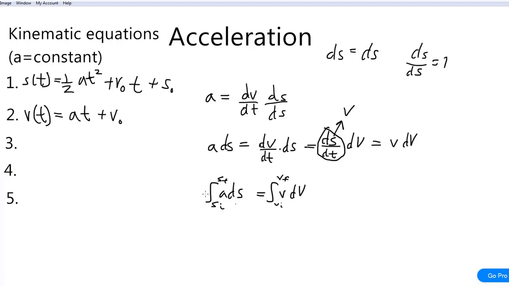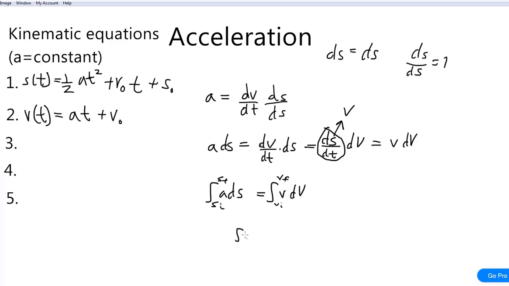I just want to talk about this a little bit more before we begin. Of course, if a is constant, you can bring it out. But basically, what happens when we multiply mass on both sides?